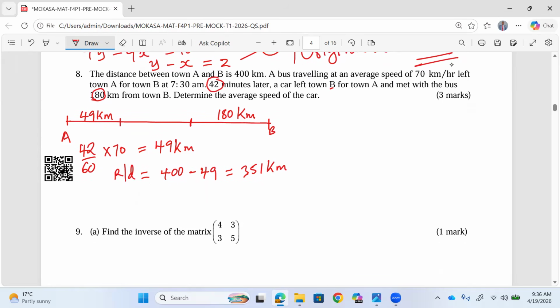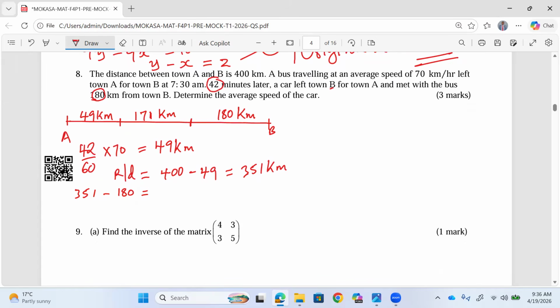If it has covered 180, within the same time, the bus has also covered a distance here. So of the 351 that had remained, the car is covering 180, meaning that the bus will cover the other part for them to meet. So the bus is covering 171.